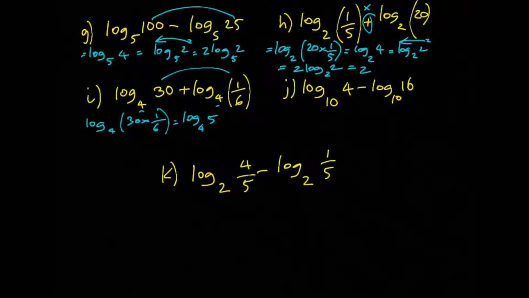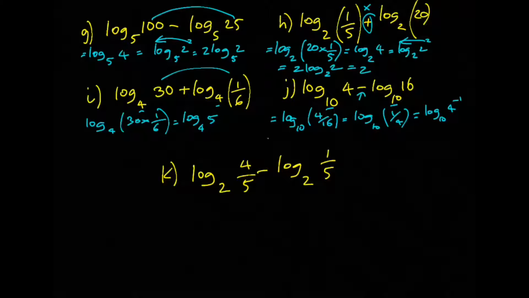Part J, we've got a minus here. We've got the same bases. Let's perform the division rule. So that equals log to base 10 of 4 divided by 16, which equals log to base 10 of 1 on 4, and that equals log to base 10 of 4 to the negative 1.